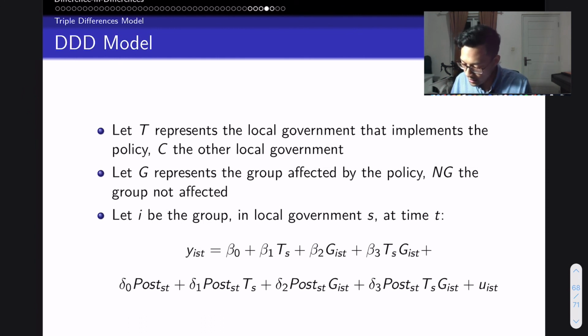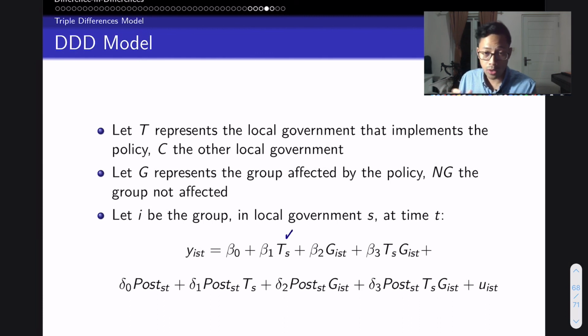We have an indicator for the local government that implements the policy. This is the policy unit, or the policy space. Then we have the group that is affected within that policy area, and the interaction between the local government and the group affected by the policy.